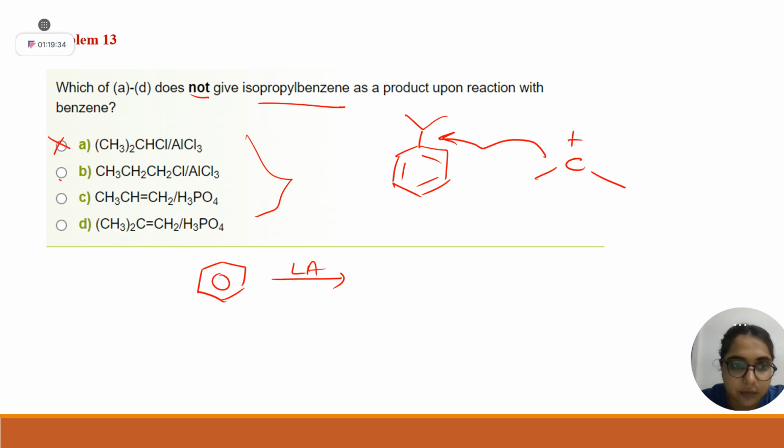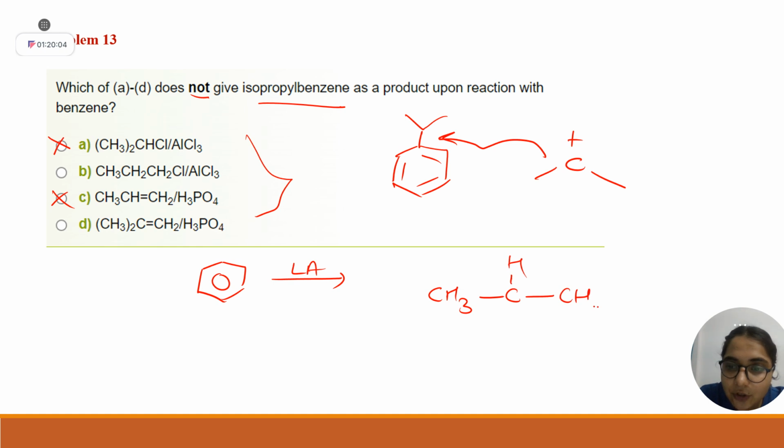Option B. Can option B give isopropyl benzene? No, ma'am. Option C: H3PO4 is your protonating agent.